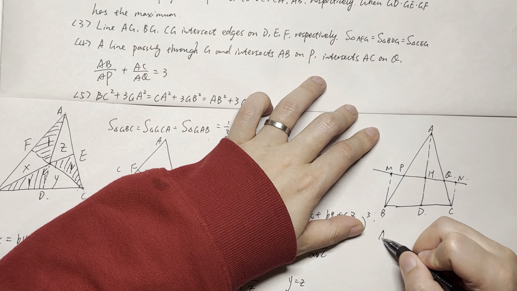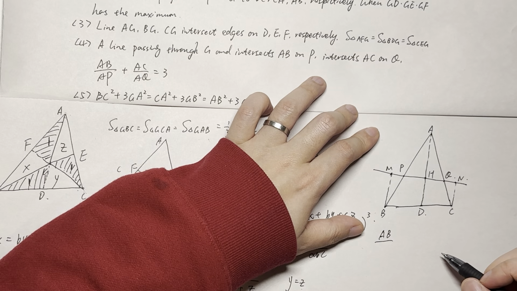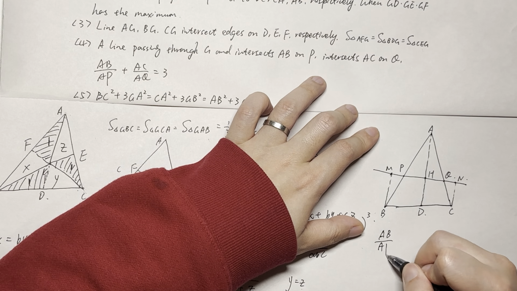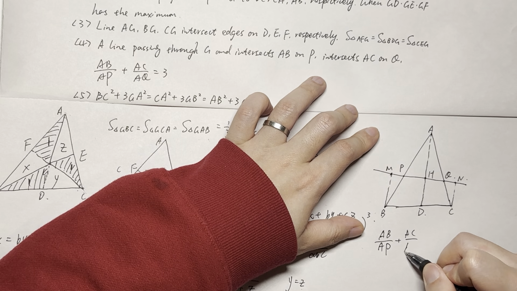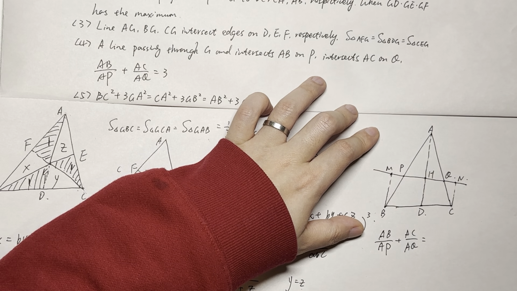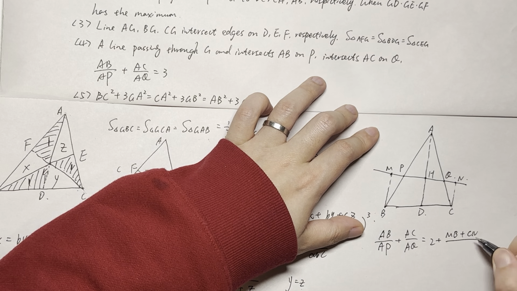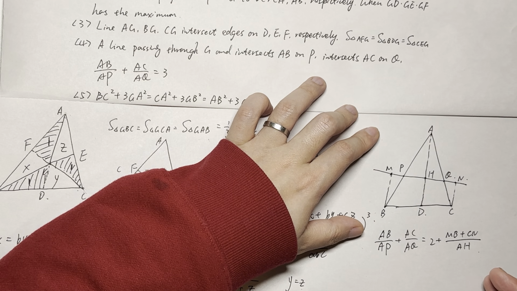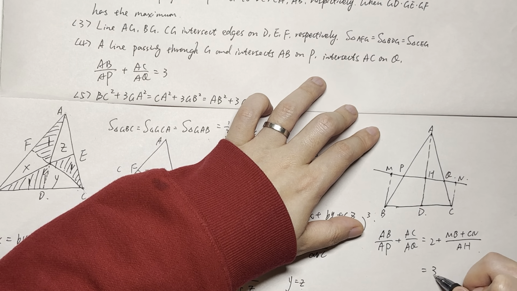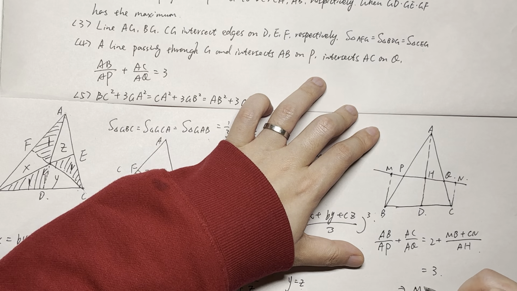So we already know that AB to AP plus AC to AQ equals 2 plus (MB plus CN) to AH. This is still valid, and we know that this equals 3, which means MB plus CN equals AH.